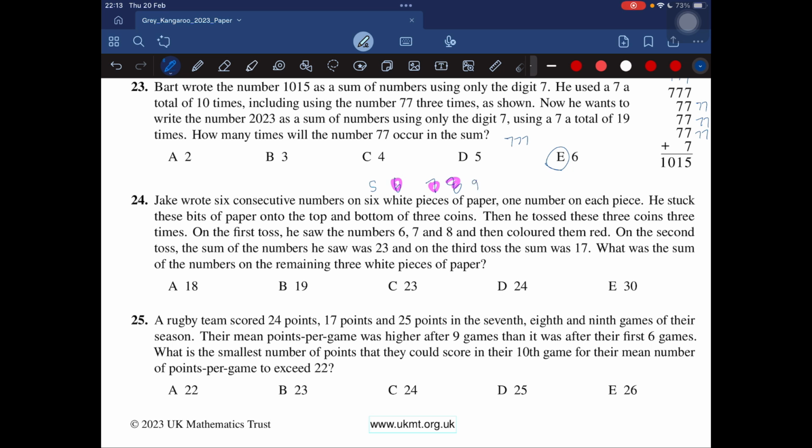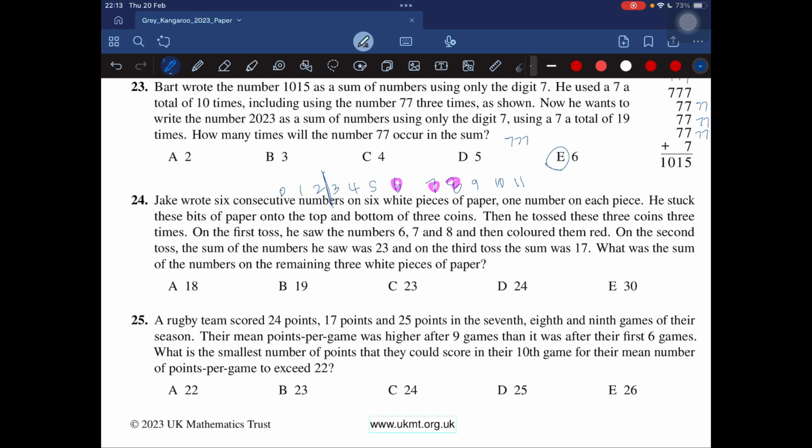9, possibly 5, 4, 3, 2, 1, 0. But 6, so let's say 3, 4, 5, 10, 9, 11, 10, 11. Then he saw 23.